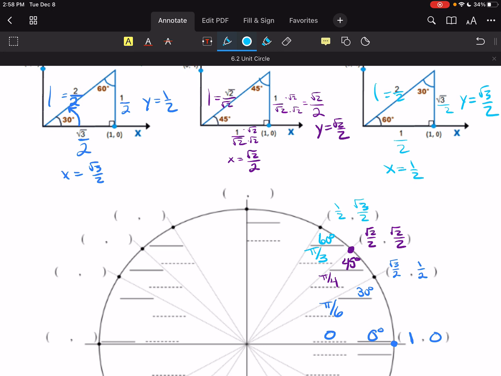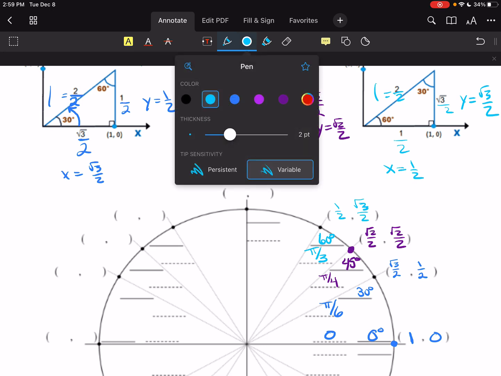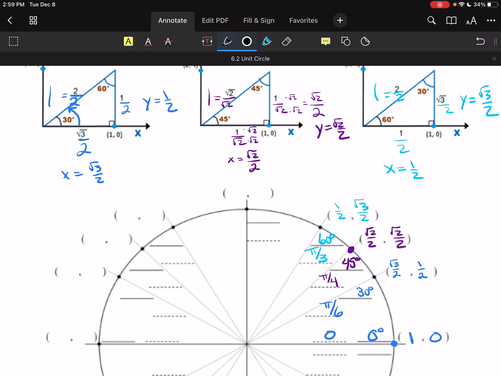To finish the first section of the unit circle, we have our first quadrantal angle, and that's at 90 degrees. My quadrantals are my pi over 2's. And this time the x value here is 0, and the y value is 1.